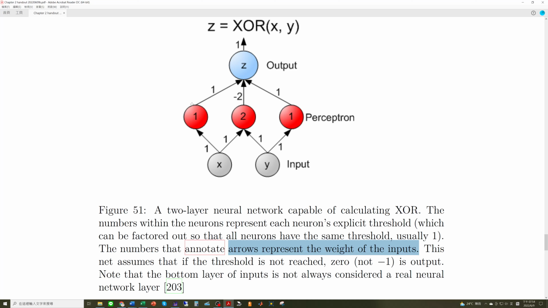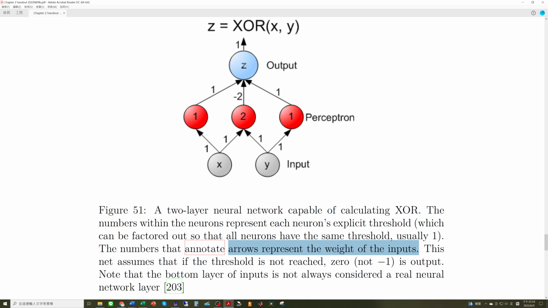And from this perceptron to the output z, the weight is equal to 1. And from this perceptron to output z, the weight is equal to -2. And from this perceptron to output z, the weight is equal to 1.